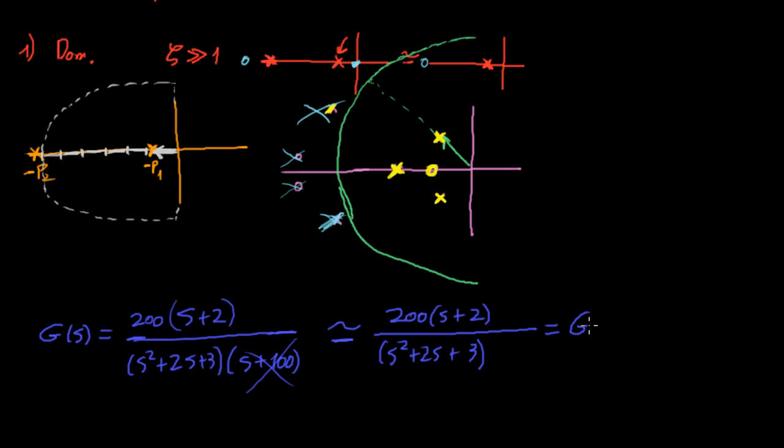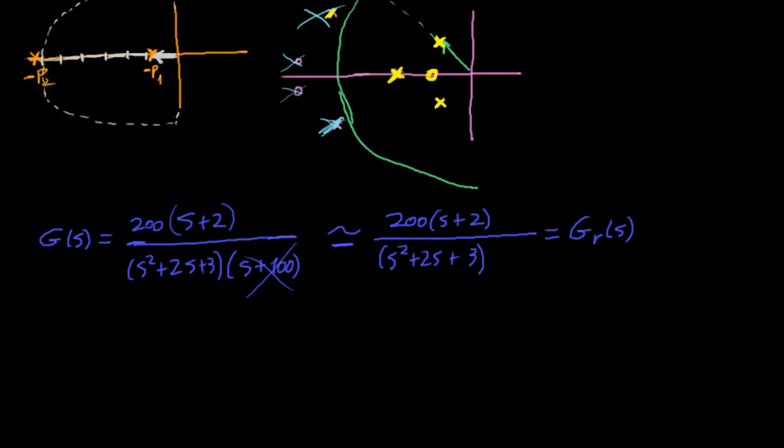This G reduced of s has a different gain than that of the original system, and that's a mistake. That's a terrible mistake, because G(0) was equal to 400 over 600, which is 2/3, but GR(0) is equal just to 400 over 3.